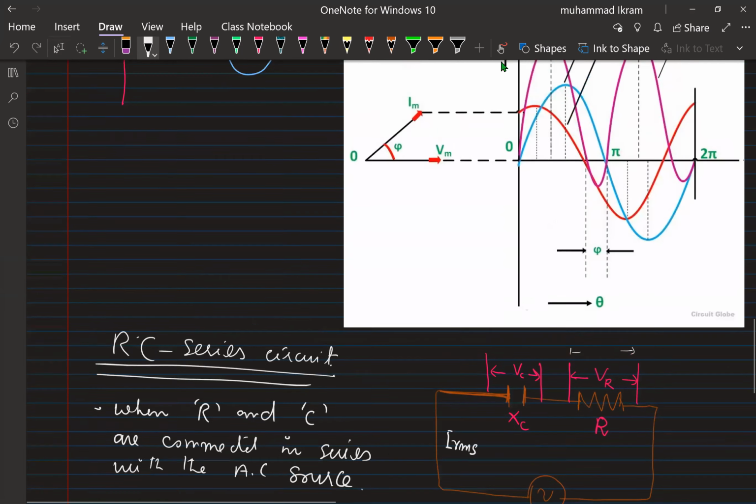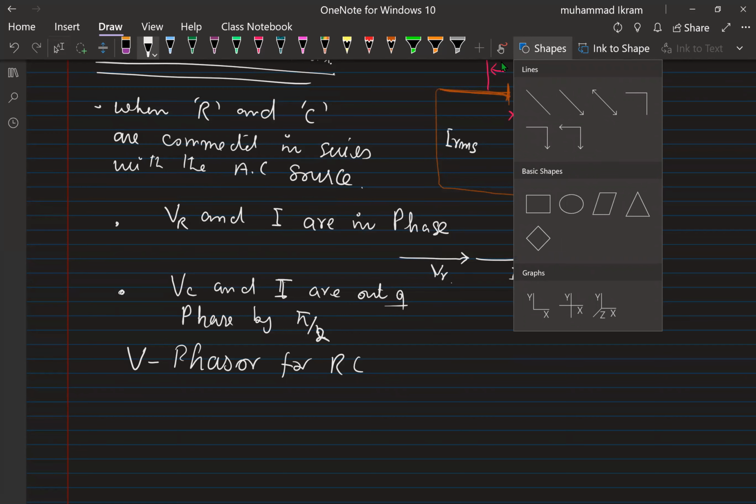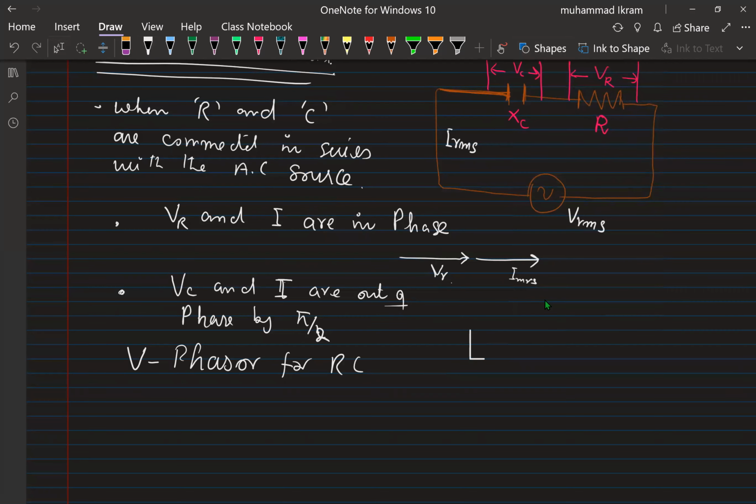Now if you look at the diagram, that diagram is called the V phasor for the RC circuit. Here you just see the V phasor of the RC.